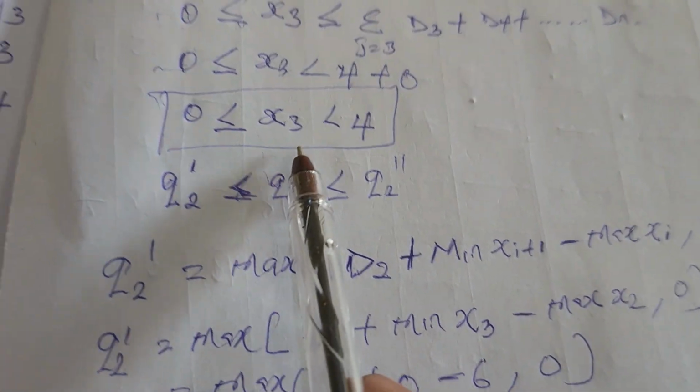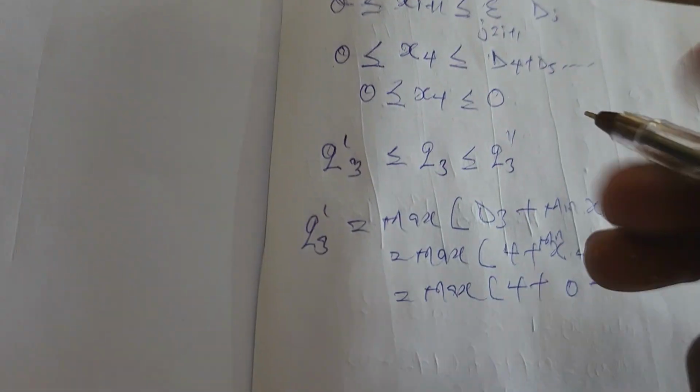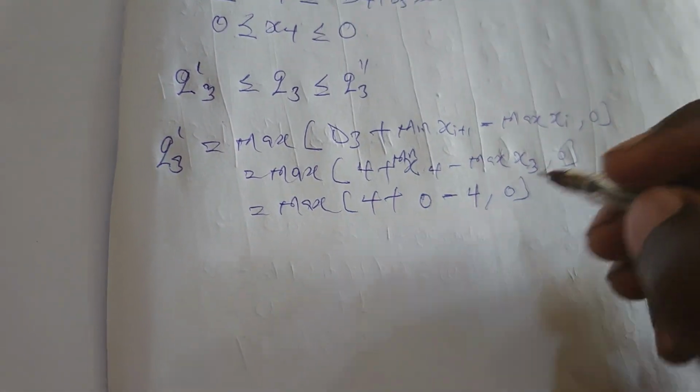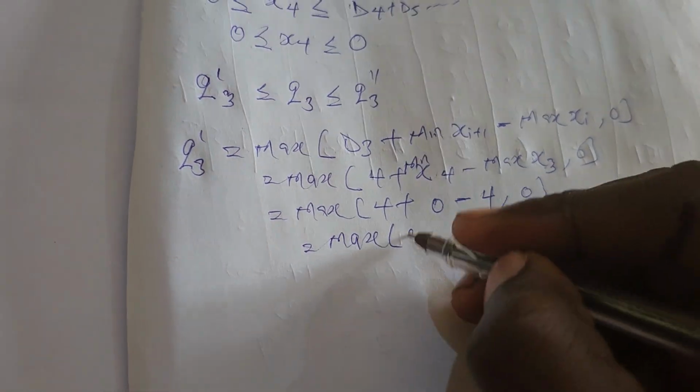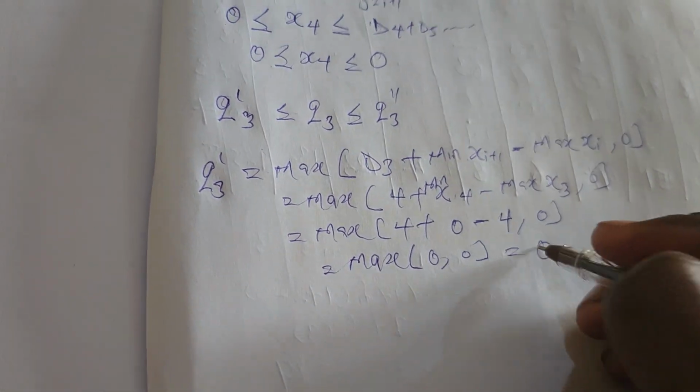The minimum of x4 is 0, and the maximum of x3 is 4. So 4 minus 4 is 0. So the lower bound here is 0.